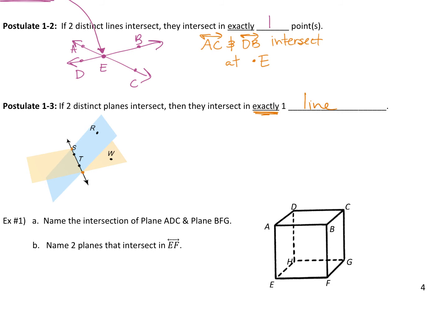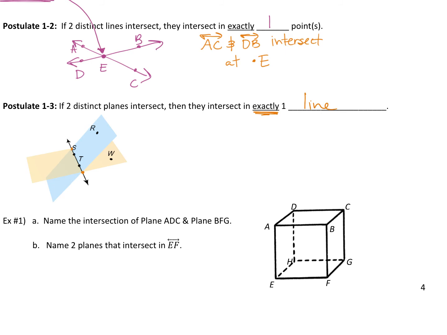Planes keep going, therefore their intersection must keep going. So here's what you can think about. Here's my floor. We'll do my front wall so you can all see it a little better. Where they meet is this edge, right here, and it just keeps going. That's our line of intersection. So two planes will always meet in a line.